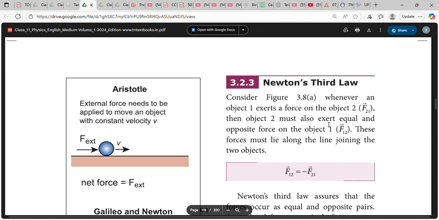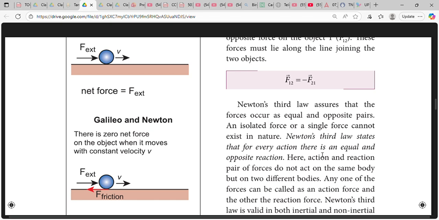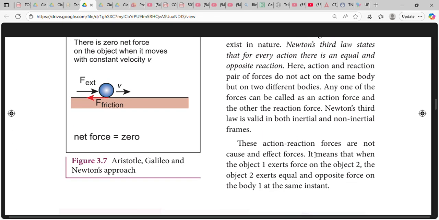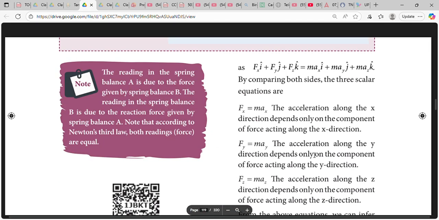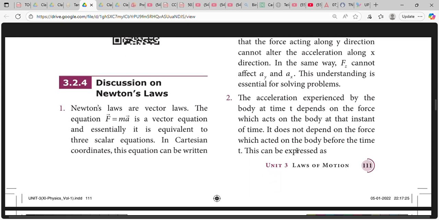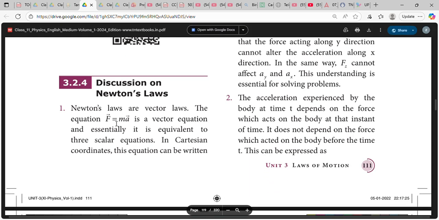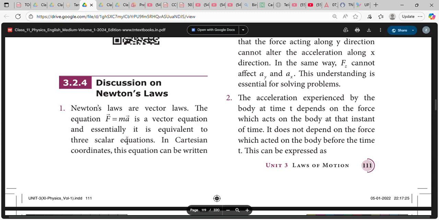Newton's third law states that every action has an equal and opposite reaction. Newton's laws are vector laws. The equation F is equal to ma is a vector equation, and essentially it is equivalent to three scalar equations.